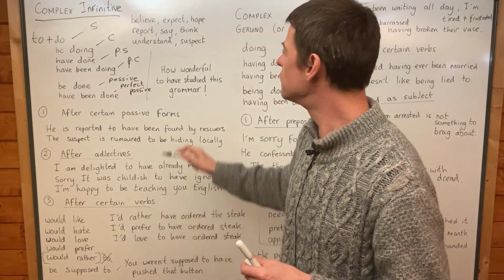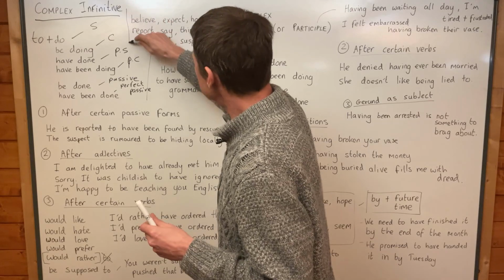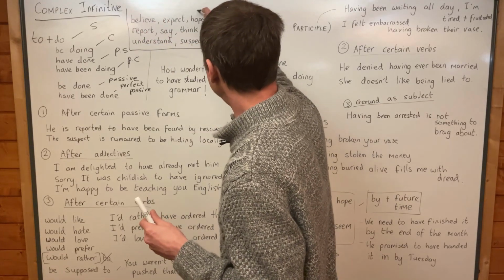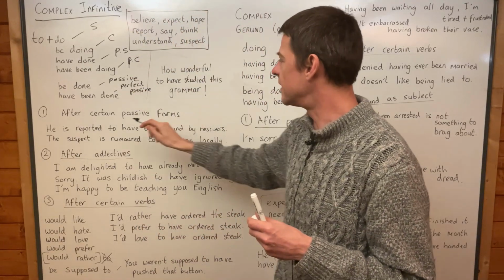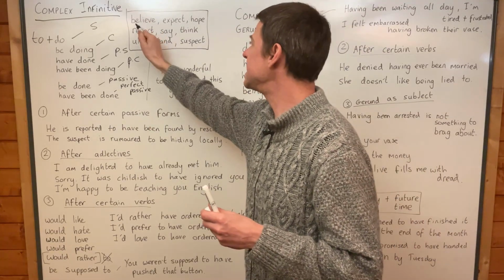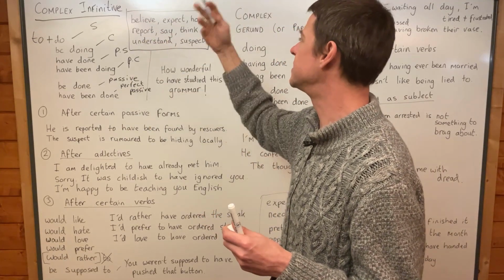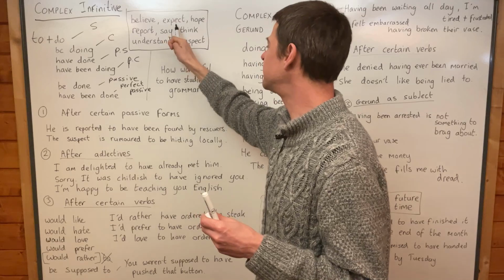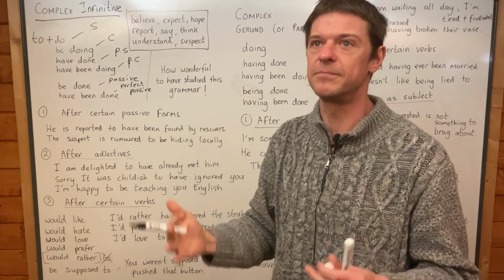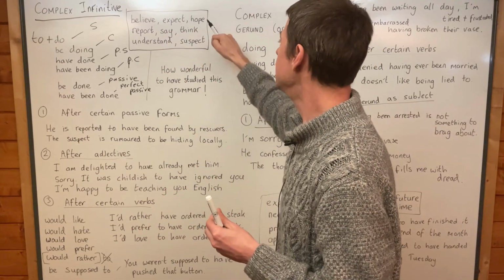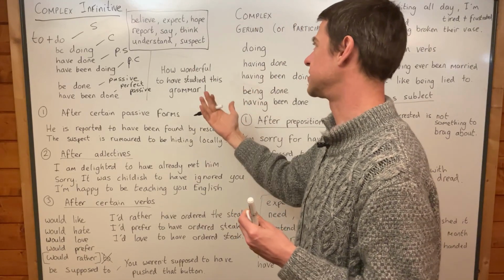Now, number one, we've already studied, but I don't think I gave you a list of verbs like that, because these verbs you very often see. He is believed to have been a tall man. We are expected to have completed the project by the end of the month. We hope to have completed the project by the end of the month.